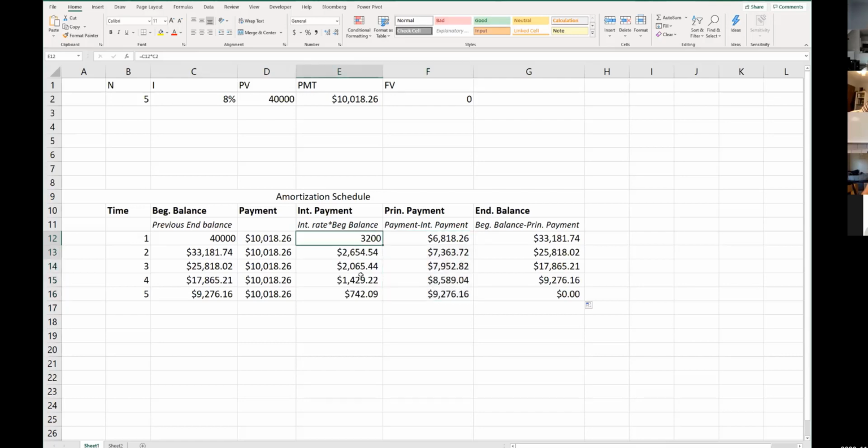Why are we paying less and less in interest over time? Excellent, Kimberly. Paige, you owe less every year. The balance is decreasing. Excellent. Our previous balances are decreasing. As that is decreasing, how much we owe in interest is also decreasing, right?